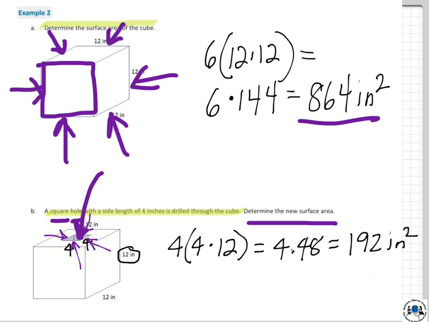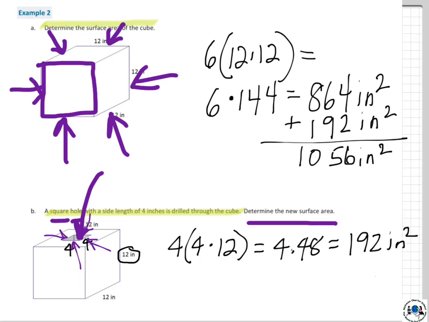But I think we might have talked about it last lesson, this idea of the sponge, and how the holes in the sponge and the walls that are created, you gain surface area that way. So in this case we've gained 192 square inches. So at this point we are up to 1,056 square inches of surface area in B.